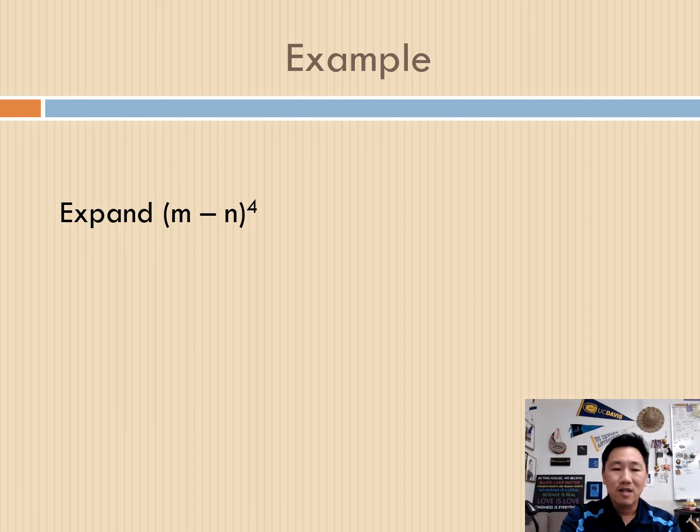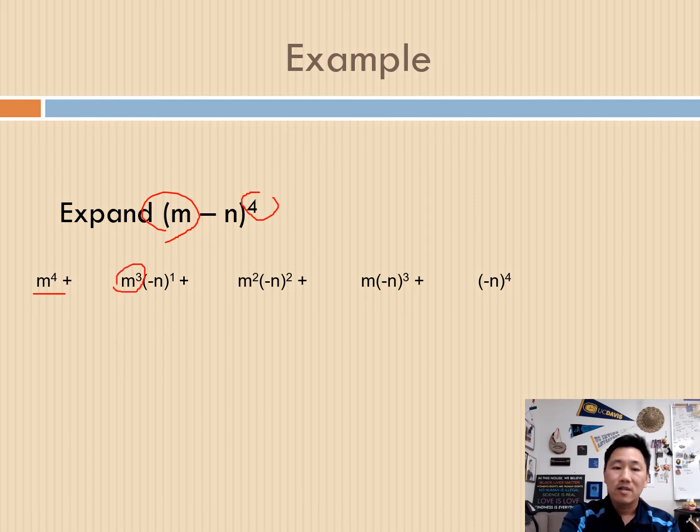All right, here's another one, m minus n to the 4th. This one is a little bit tricky because it's a minus sign, but we still do it the same way. We start off with m to the 4th, always m to the 4th, and then m to the 3rd, and then m to the 2nd power, and then m to the 1st power, and then no m at all.